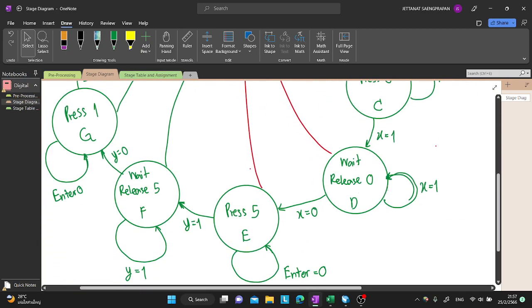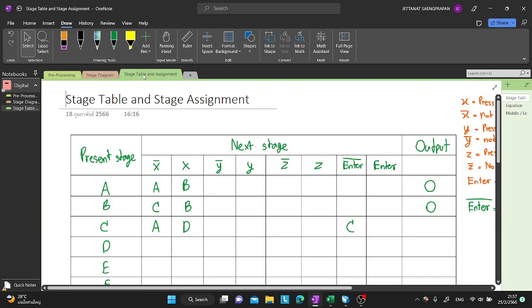And the next stage is wait release 0. So the X is still working in this diagram when X is 1.